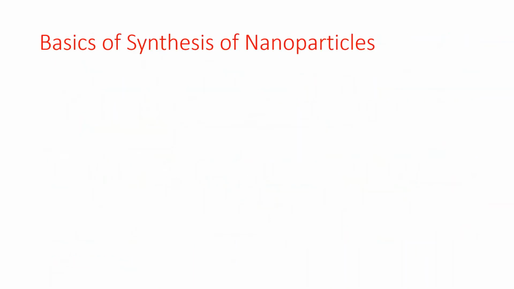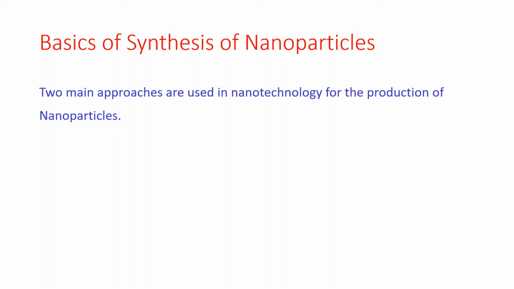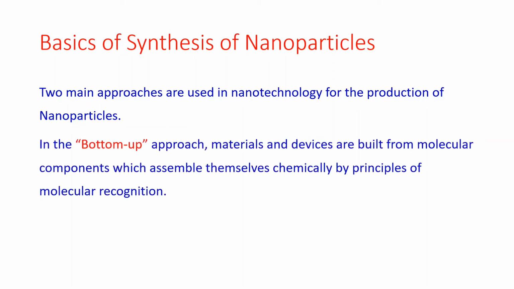Let us discuss the basics of synthesis of nanoparticles. Two main approaches are used in nanotechnology for the production of nanoparticles. In the bottom up approach, materials and devices are built from molecular components which assemble themselves chemically by the principle of molecular recognition.